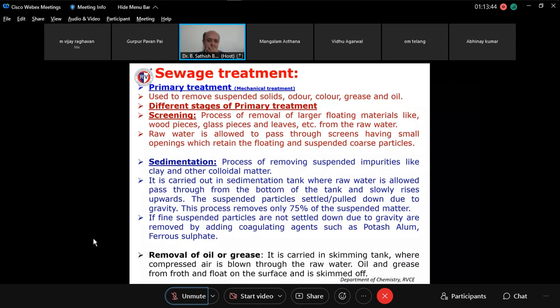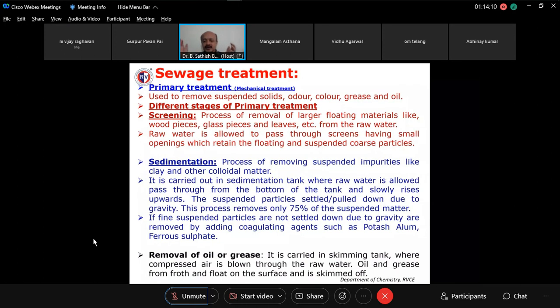So this is called primary treatment. First you remove larger floating material by passing it through the screen. Then you subject it to sedimentation. The suspended impurities which are not separated by screening will be separated in the sedimentation tank. Oil and grease cannot be removed by screening or by the sedimentation process.